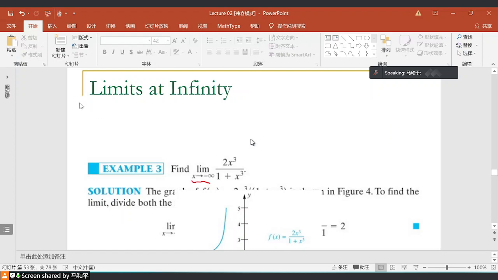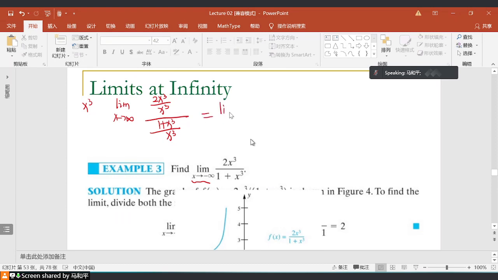The highest power of x is, of course, x cubed. So we divide the numerator by x cubed and the denominator by x cubed, the highest power.